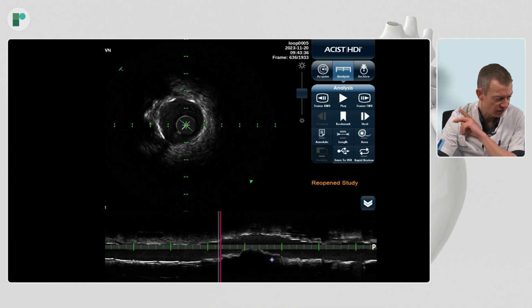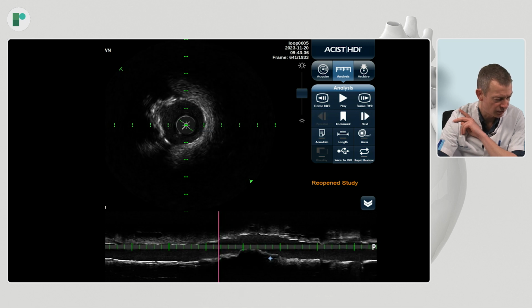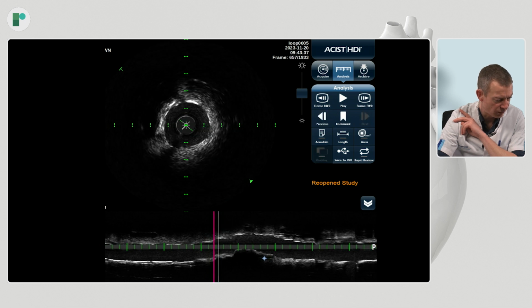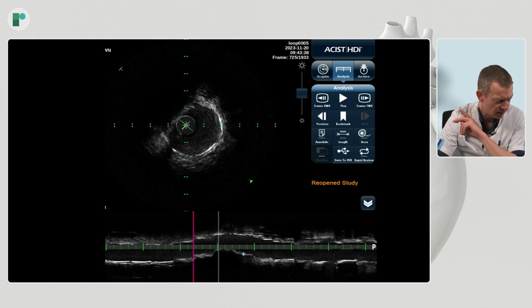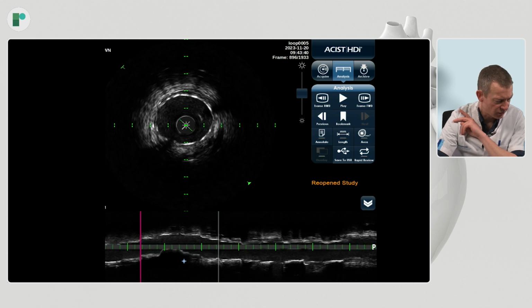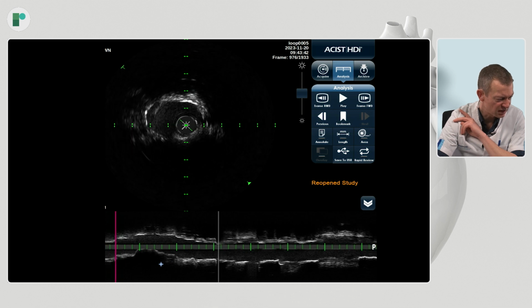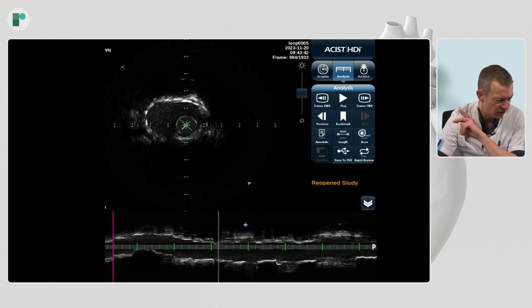And then here was the site of the MLA, I already marked it for you, in which we now have an area of 5. And here things got bigger, but not that much bigger. So this was, so to speak, a modest result of the post-dilatation.